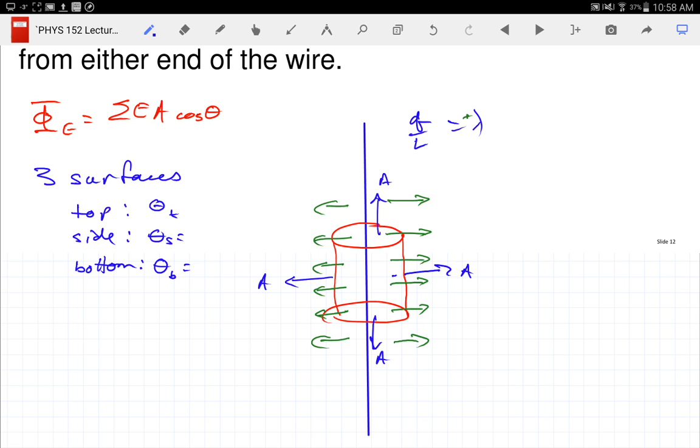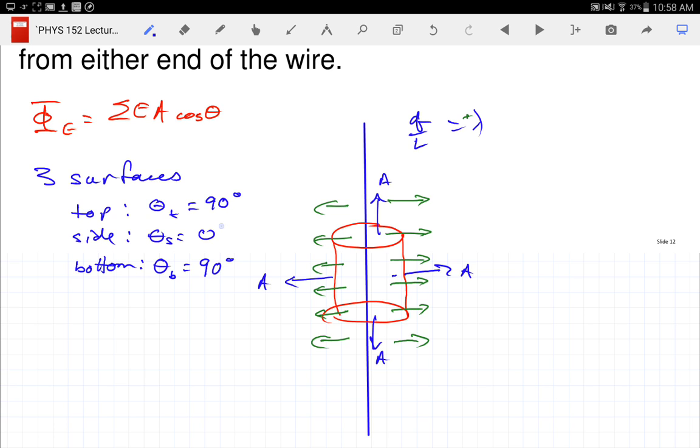So on the top, what's the angle between my green electric field lines and my blue area normal? 90 degrees. How about on the side? What's the angle between them? 0. How about on the bottom? It's 90 degrees again. So I have my angles.